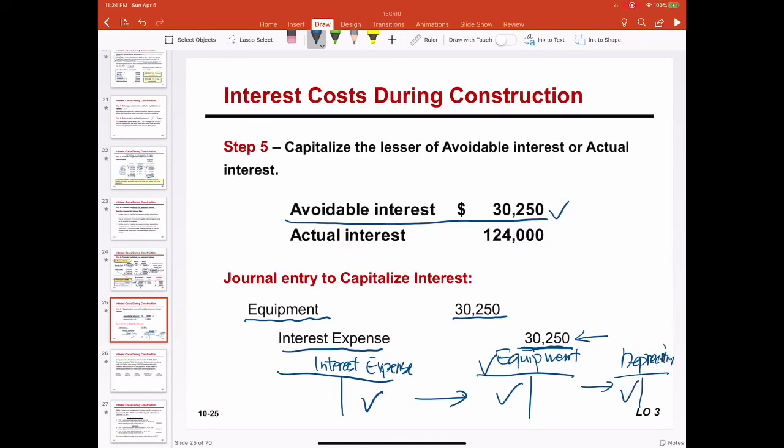So when we depreciate equipment, we are going to credit the accumulated depreciation and debit depreciation expense. So the interest expense was first capitalized as the equipment, and finally will be recognized in the future.